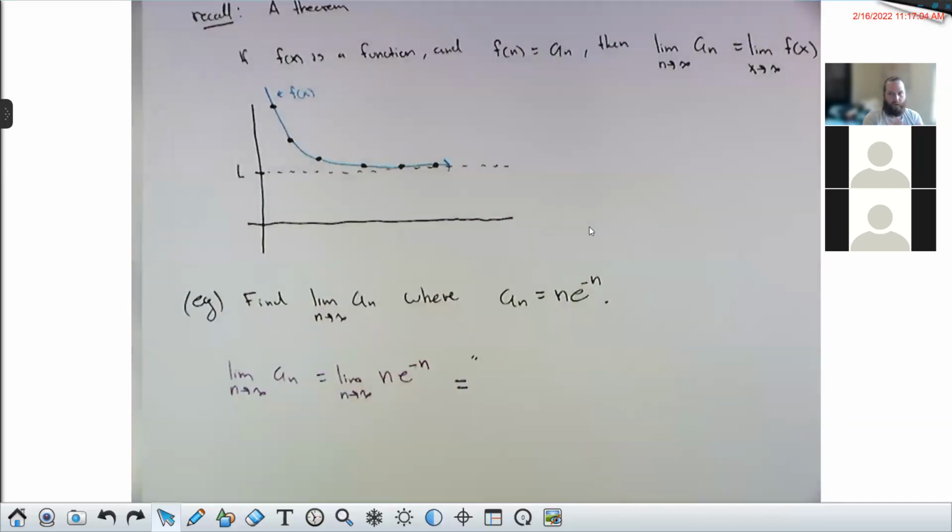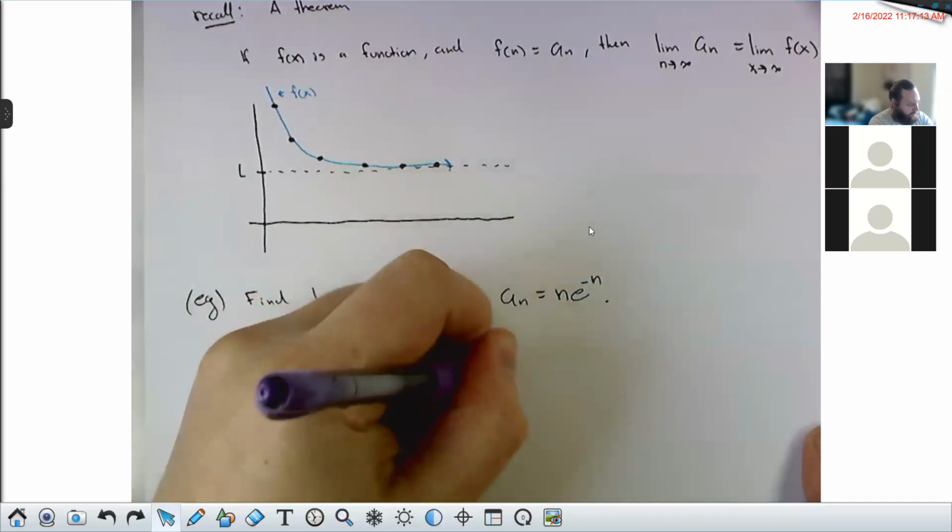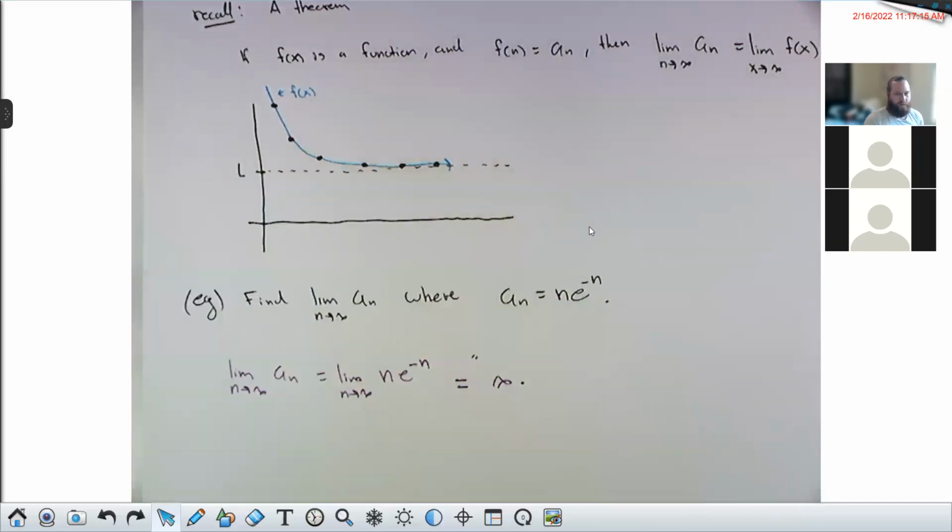And I'm going to put this in little quote bunnies. This is my notation for I'm not responsible. This is kind of bullshit. The n piece here goes to infinity. What does e to the negative n do as n gets larger and larger and larger? In other words, what is e to the negative infinity?